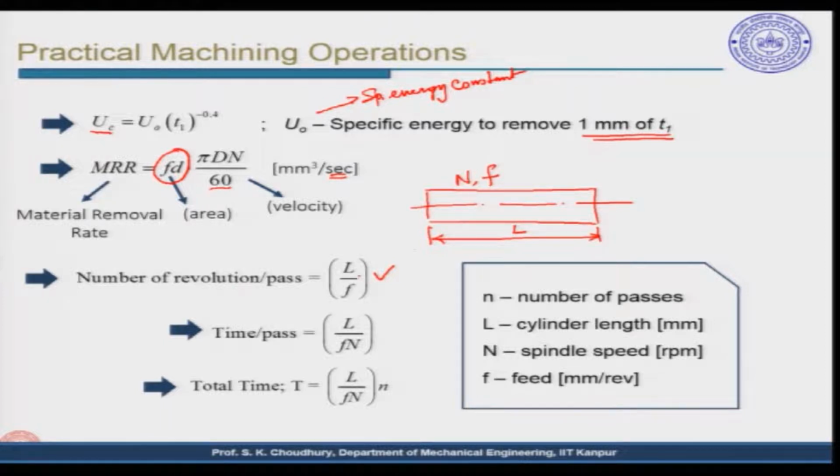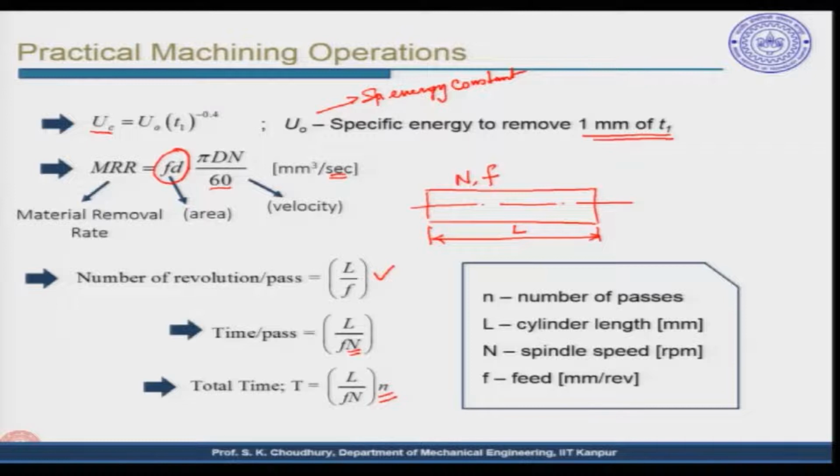Therefore, the time that is taken in one pass will be given by L by F, number of revolutions, divided by the n, the total number of revolutions per unit time that you are using. Therefore, the total time that is taken for machining will be equal to L upon F n, which is the time taken per each pass, into the number of passes.